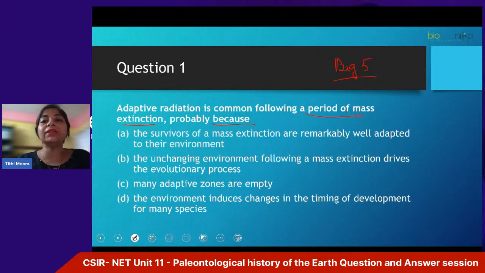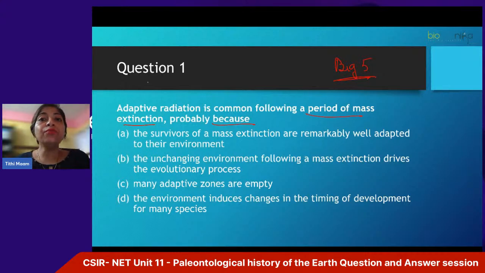But if we see in the past, there have been at least five definite mass extinctions. Even though it sounds destructive, something negative, with every mass extinction the evolution has become faster.